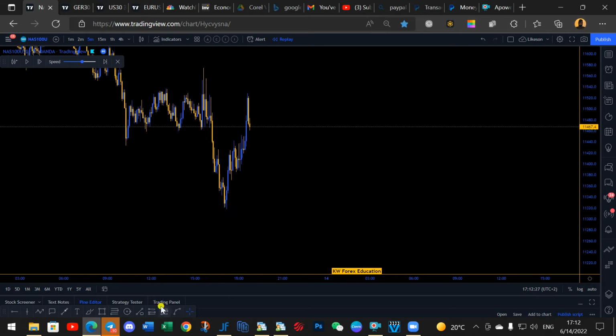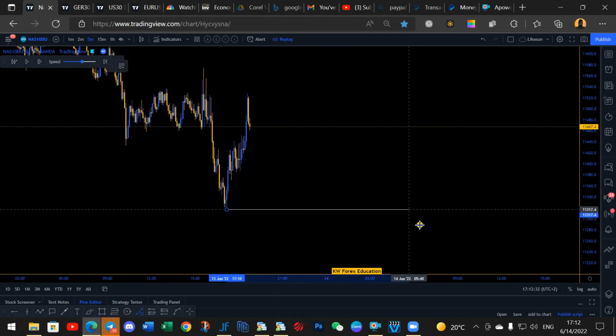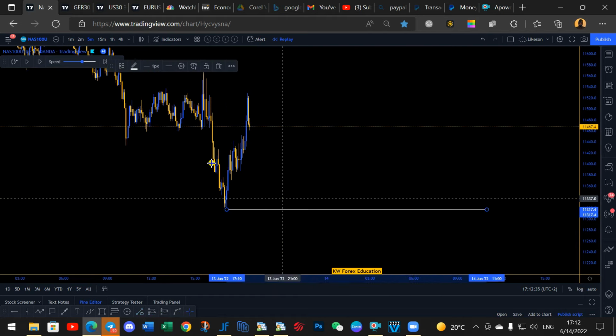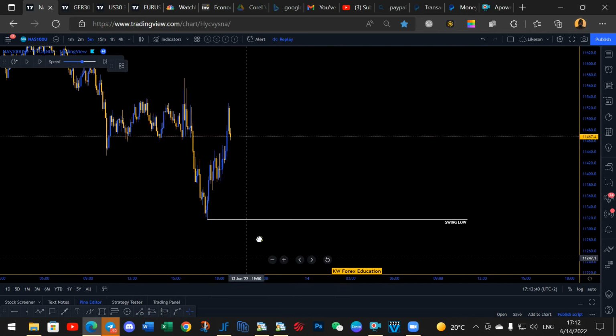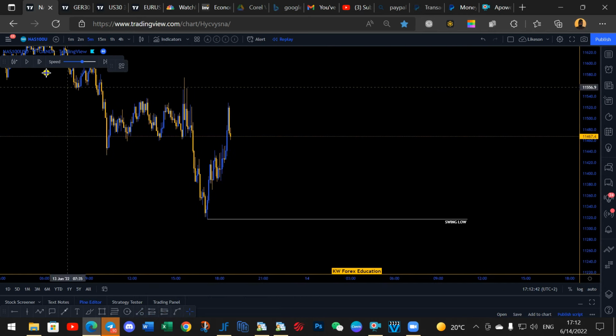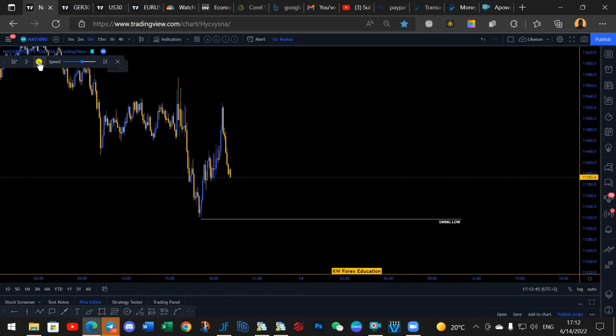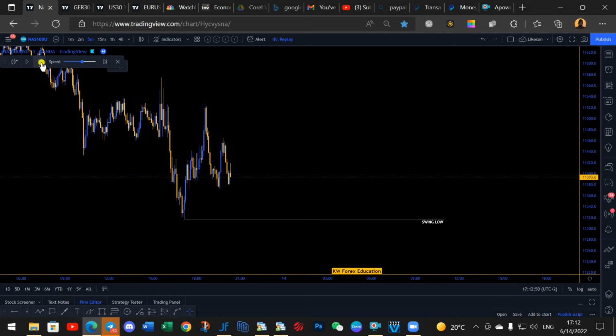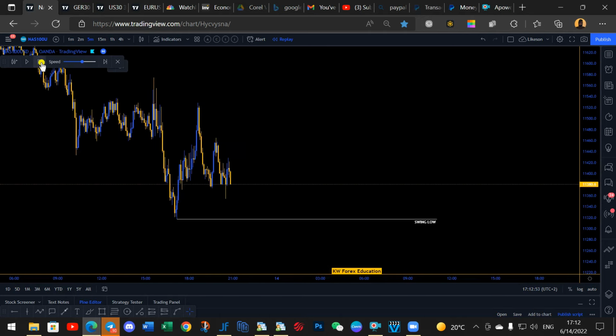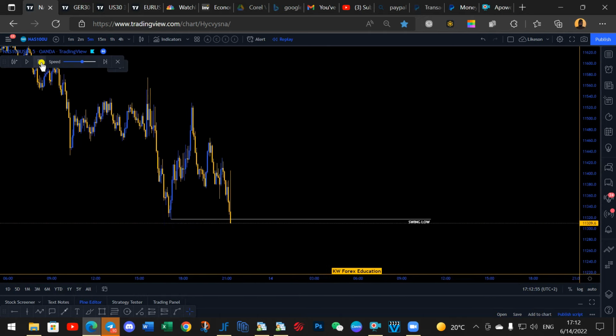I marked this as my swing low. I just kept on observing.